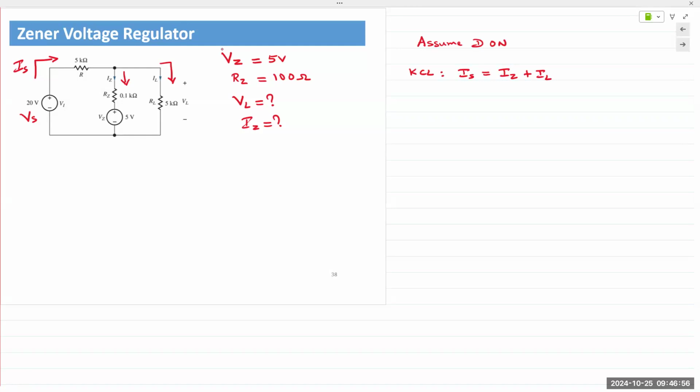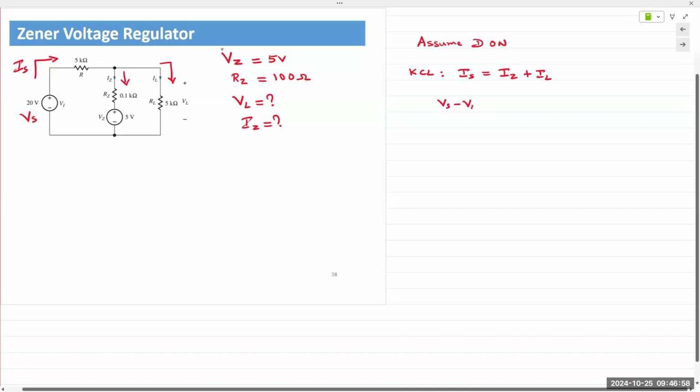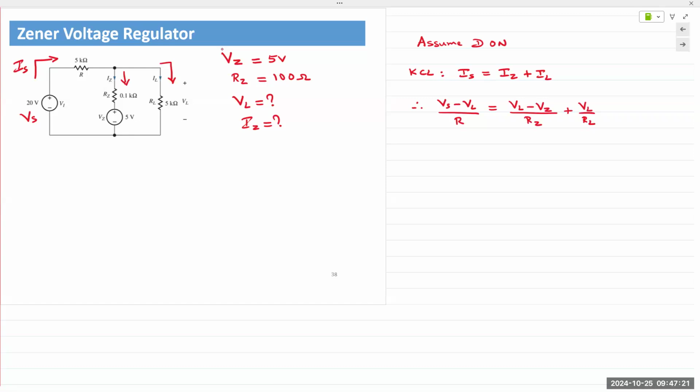So Is is (Vs minus VL) over R. Iz can be written as (VL minus Vz) over RZ, and IL is, of course, VL over RL. In this instance, VL is not equal to VZ.